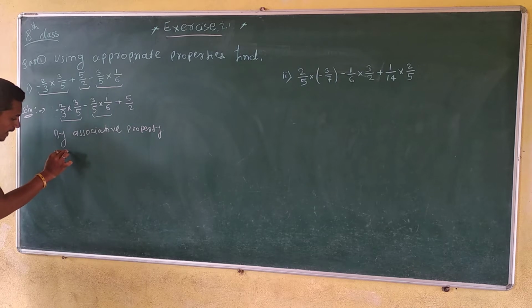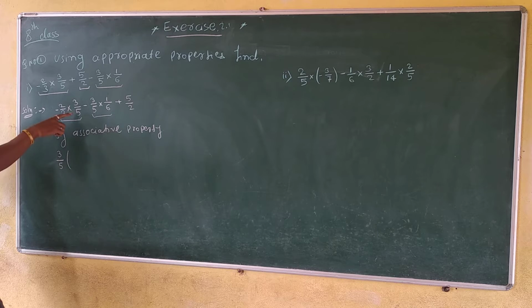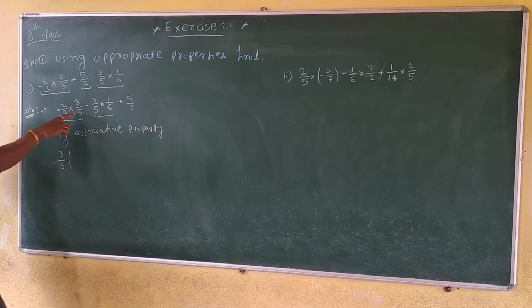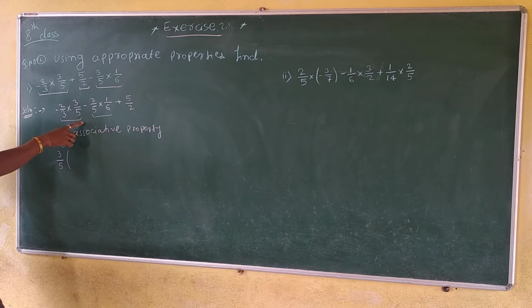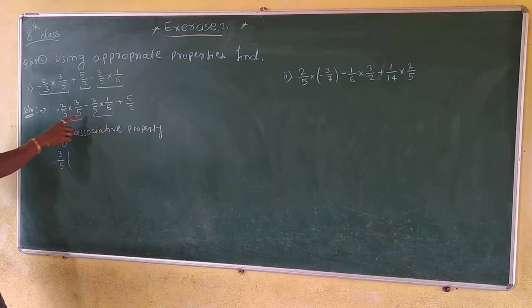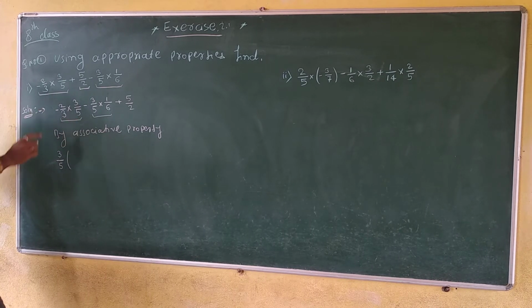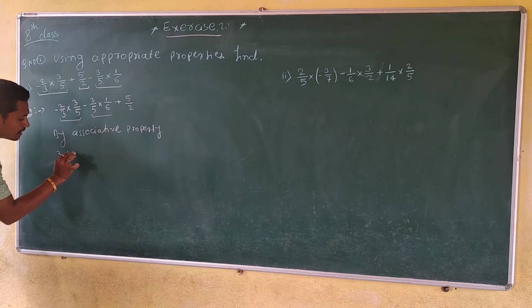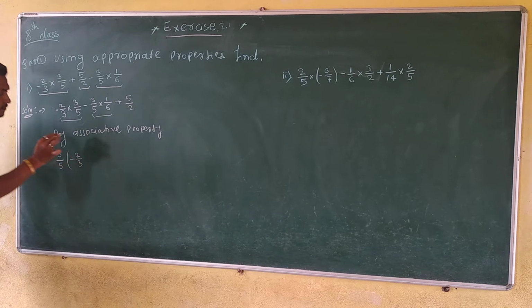Now we have to write the remaining numbers in the bracket. The remaining term in the first is minus 2 divided by 3.